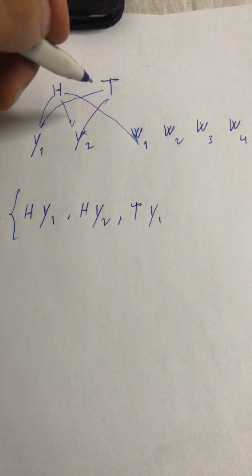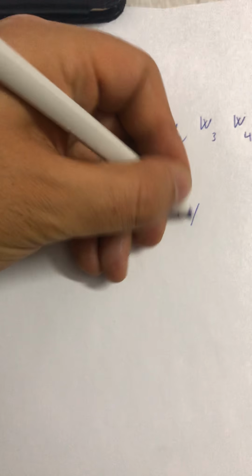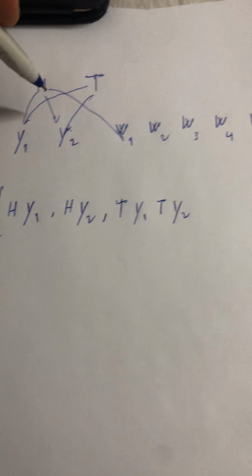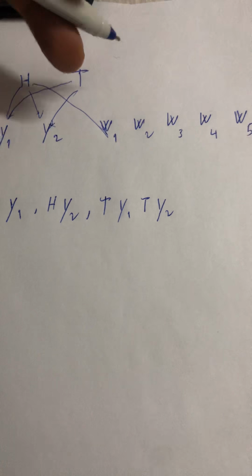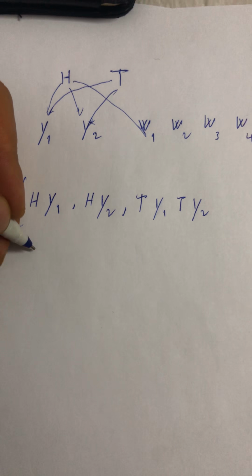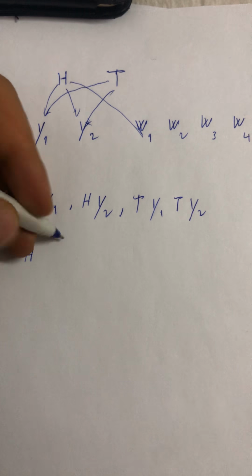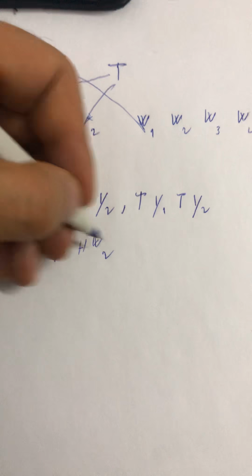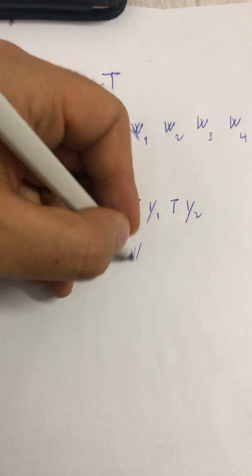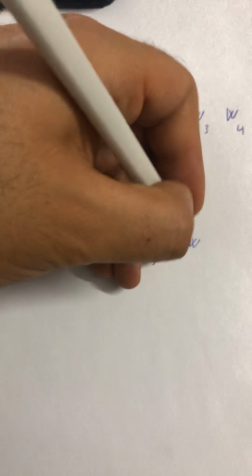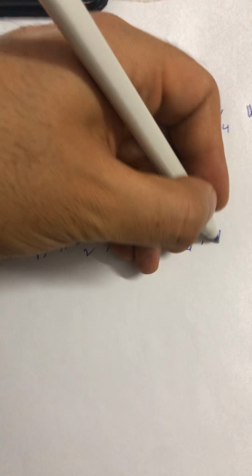After that TY2, finished with T. Now I will play with W. I begin by H, HW1, HW2, HW3, HW4, HW5.